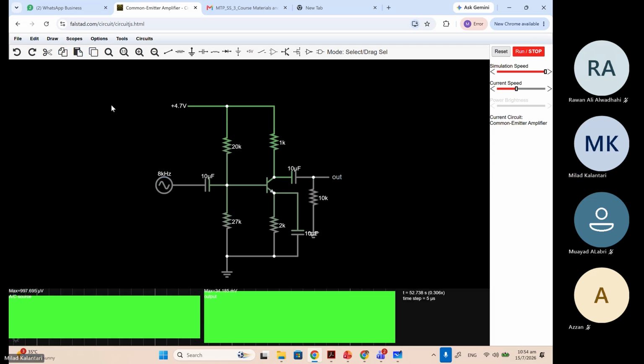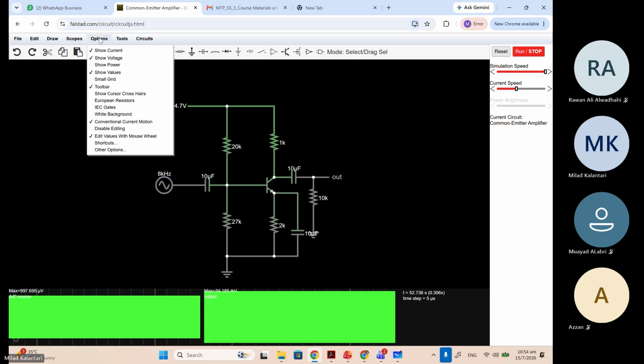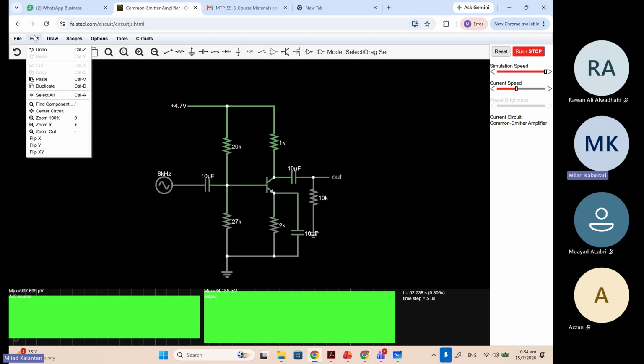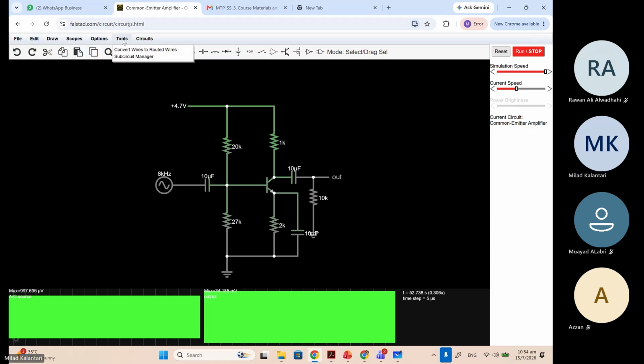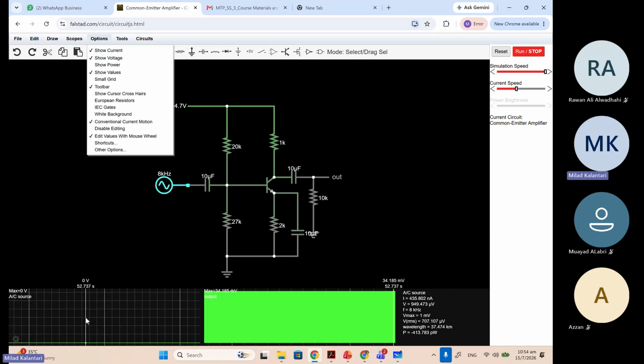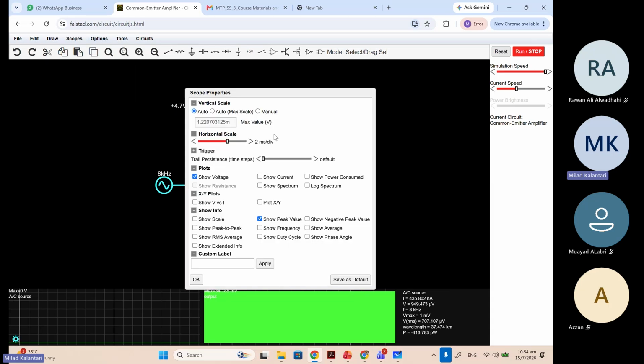Where? Do you know? There should be some setting. Where is the mouse? I can zoom in, zoom out a little bit, but okay. How about this?